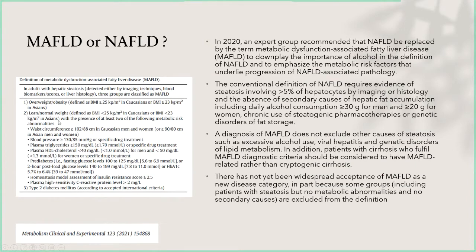Basically, this is defining metabolic syndrome in a way. So that's what has been used as the definition. But this is not something that is widely accepted, but it has been proposed and something that may evolve in the future.